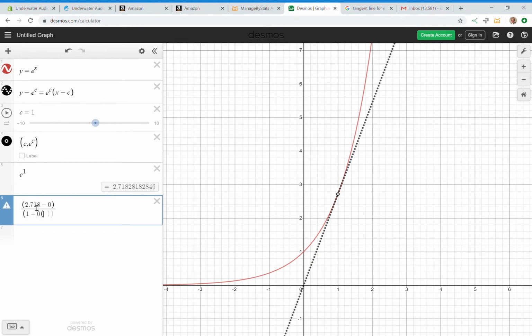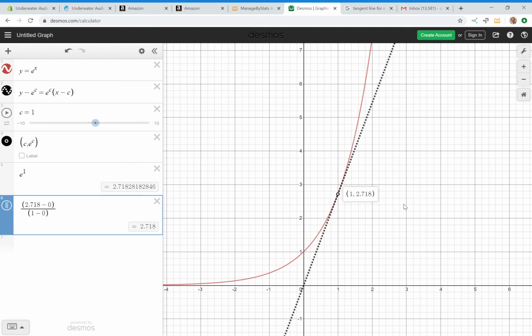That gives me 2.718. You might be asking yourselves, why are these different? That's because when I click this button here, Desmos can't just put all the decimals. The decimals would go off the page. So they just gave me the first couple of decimals.